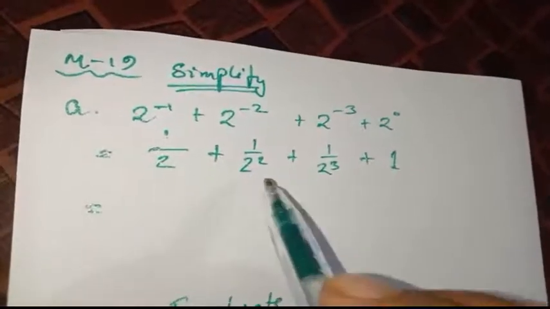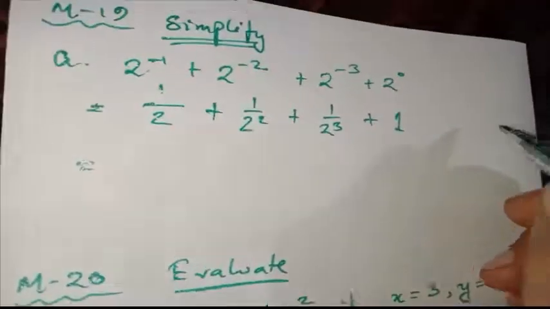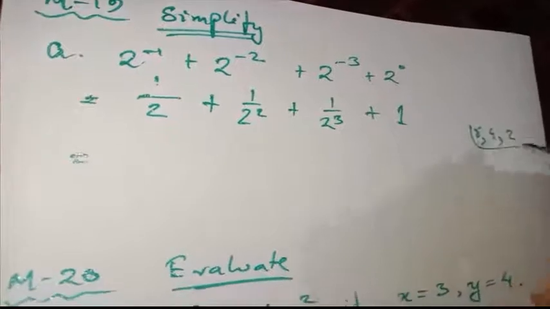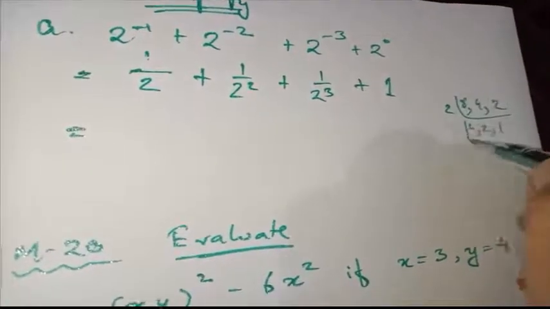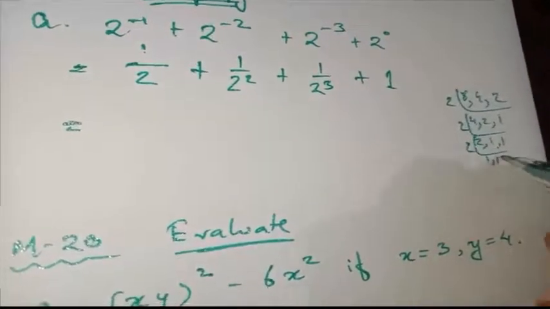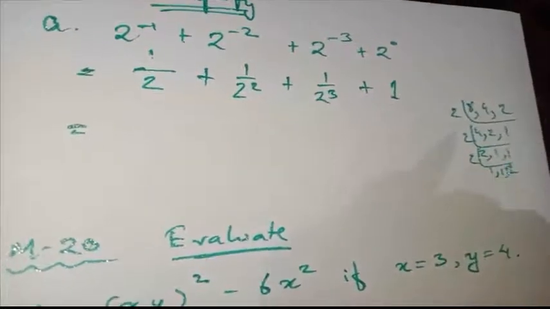2 square means 4, 2 cube is 8, so we will find the LCM of 8, 4 and 2. So 2 into 2 into 2, 4, 8.